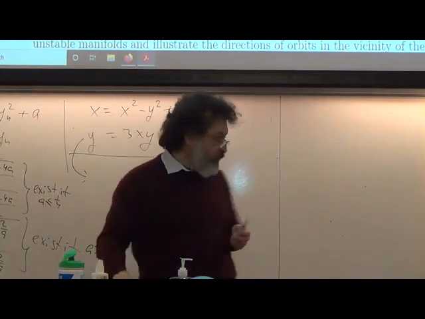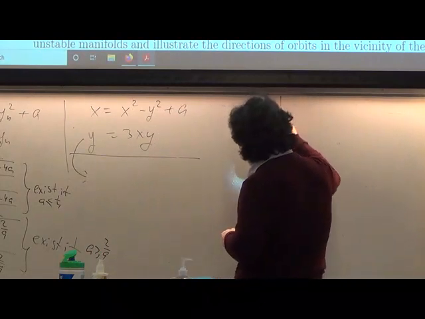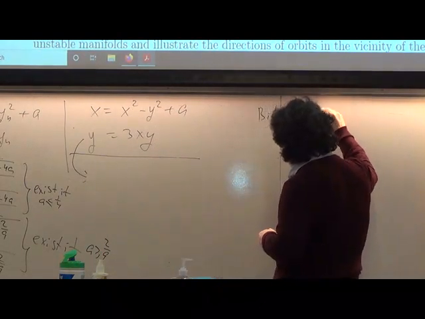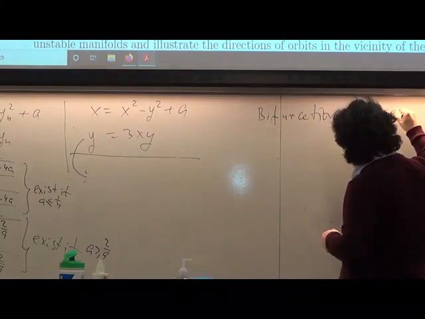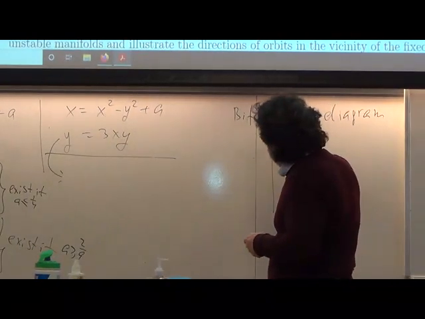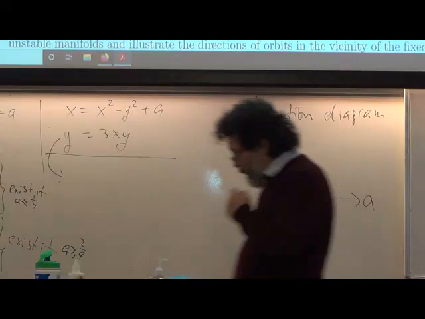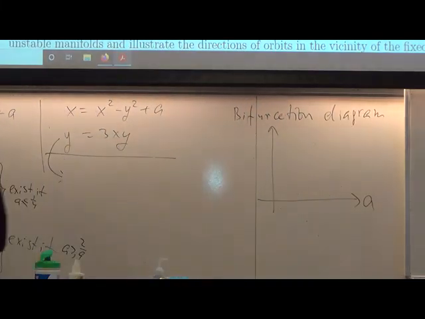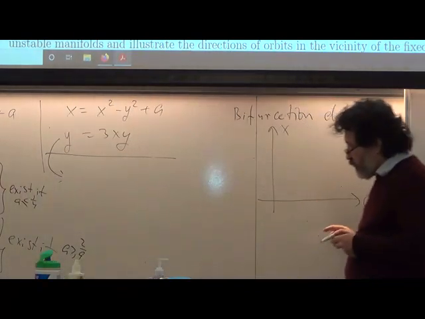So I can even put it like this. So bifurcation diagram. Parameter E, and also y equals to 0, I will ignore it, I will put here x. So first two.